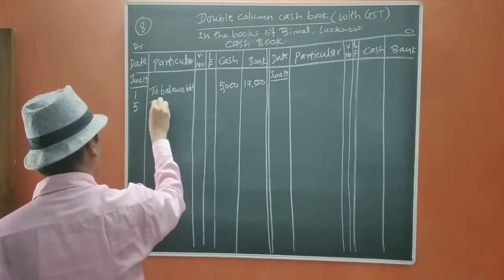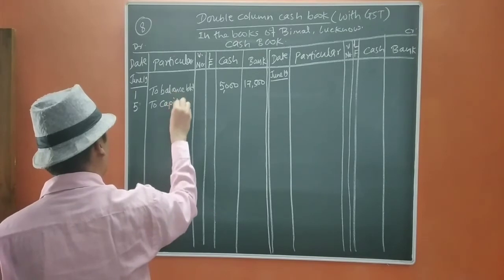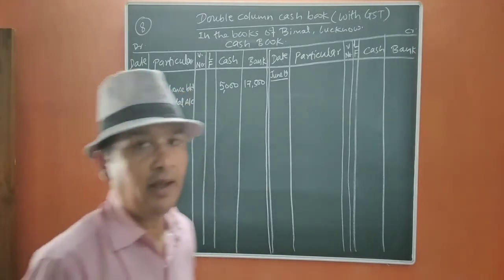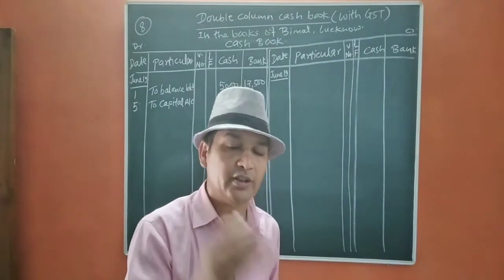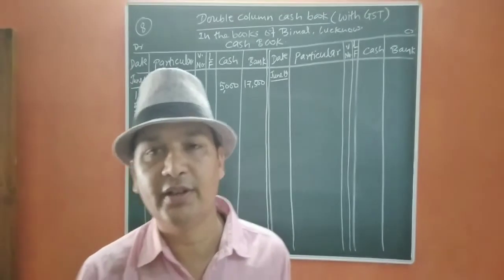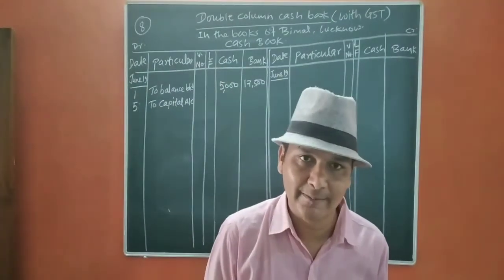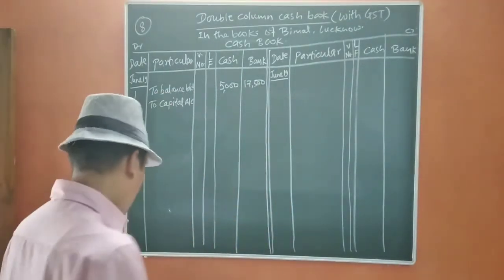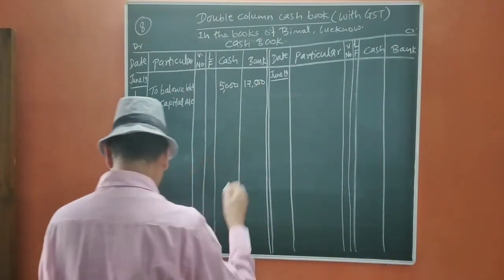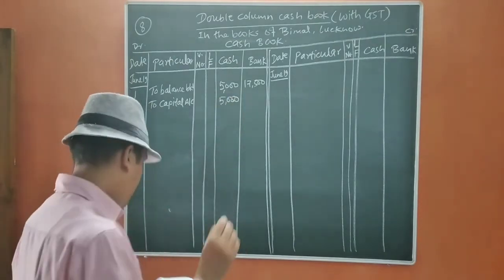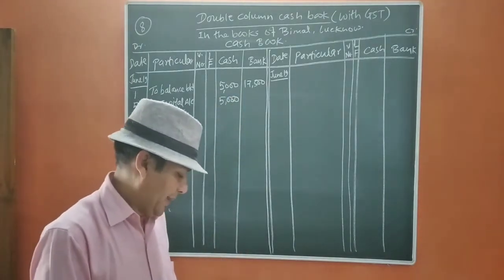So it is going to be capital account, because it is sale of personal asset and that amount has been introduced in the business, and whenever any amount has been introduced in the business from personal assets, that is our capital. So you should keep in mind this is 5,000 deposited in our account, that is capital account.